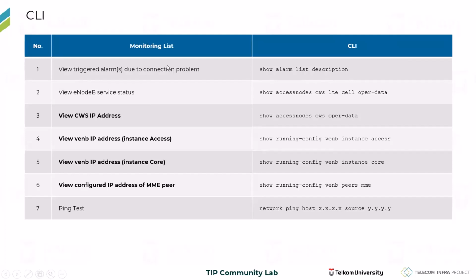Number 1 is view triggered alarm. The command is simple: alarm list. Then view eNodeB service status, CWS, this is circle number 1, then view eNodeB IP address, this is circle number 2, if you remember. And this is for circle number 3, this is for circle number 4.